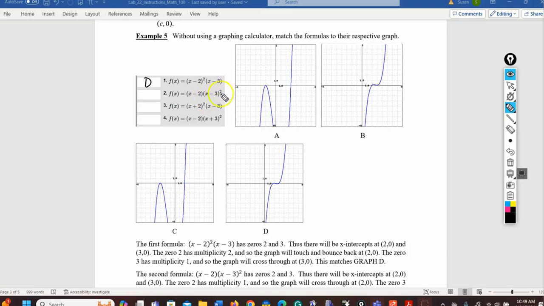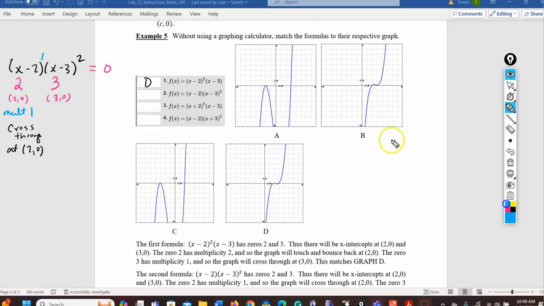Now let's look at number 2. X minus 2, x minus 3 all squared. To find the zeros, set it equal to 0. So 2 is a 0 and 3 is a 0. So we will have x-intercepts at 2, 0 and 3, 0. Now what about multiplicity? This has multiplicity 1. So it's going to cross through, since it has odd multiplicity at 2, 0.